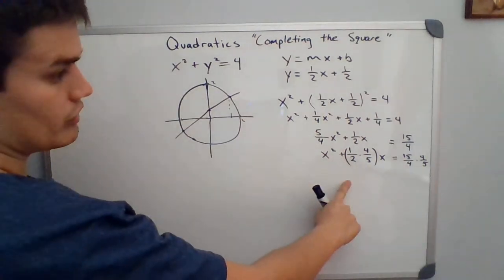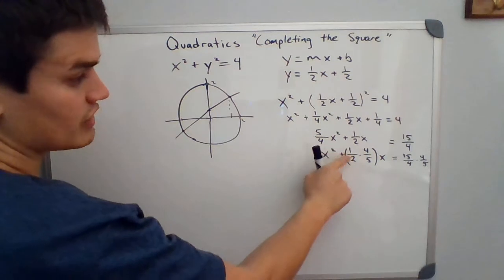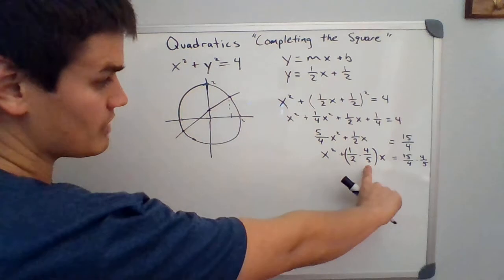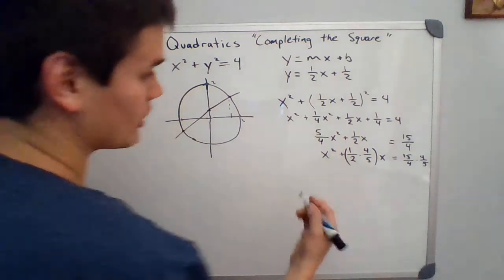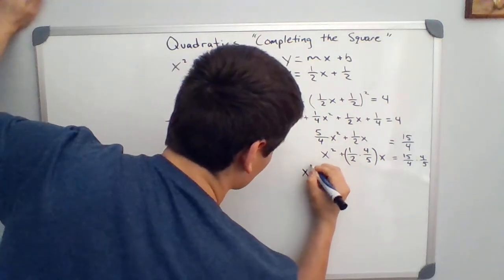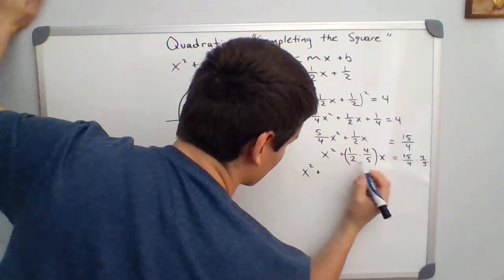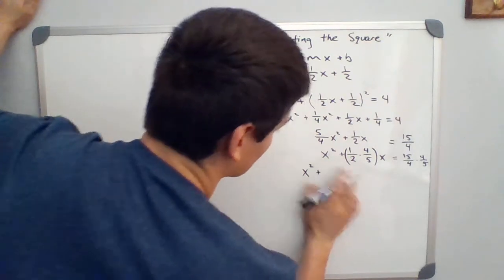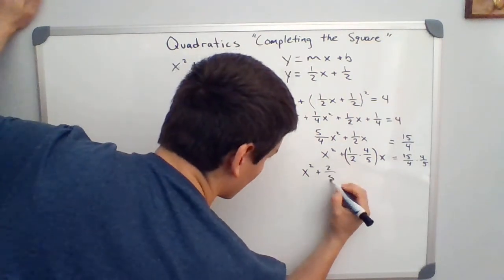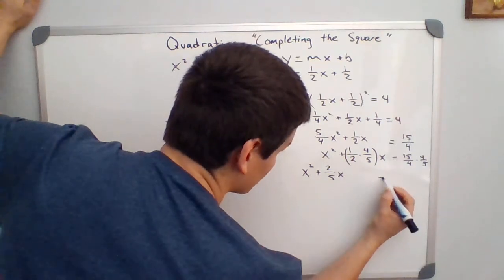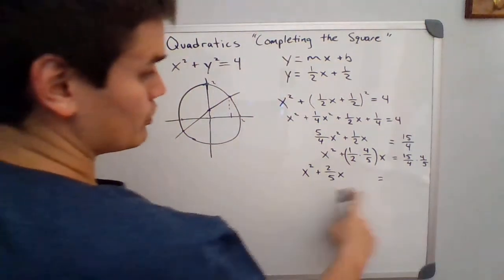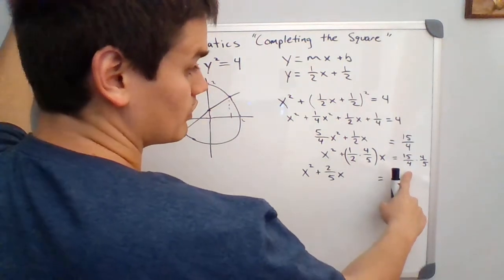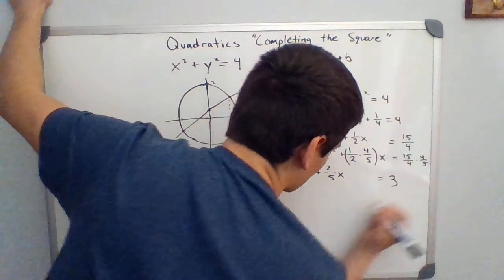If you see how we got from here to here, I multiplied 1/2 by 4/5, which is the exact same as a division by 5/4. So we have x squared plus 4/10, or 2/5 actually, so this is 2/5 x, is equal to 3. So 15/4 times 4/5 is just 3.